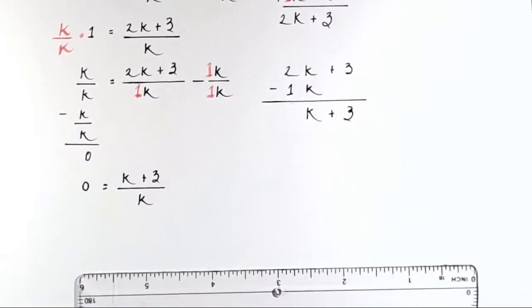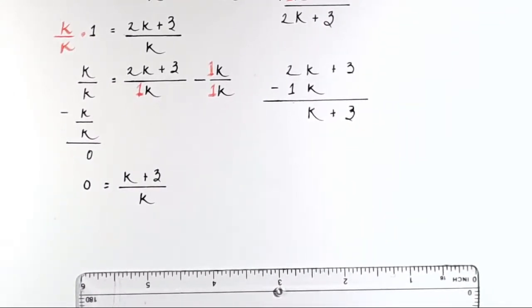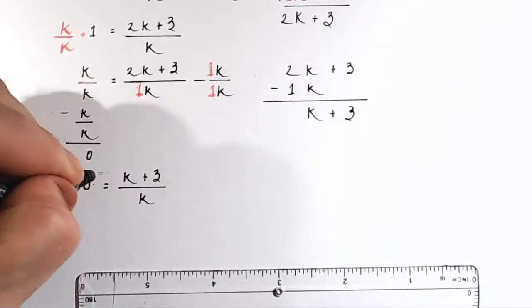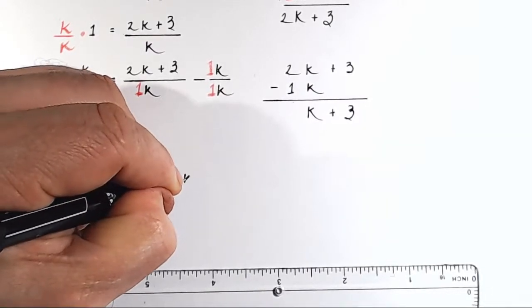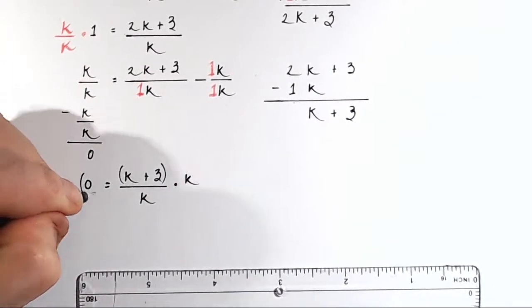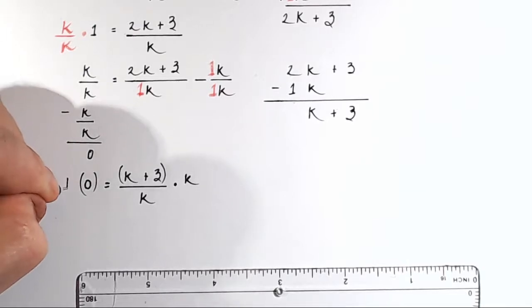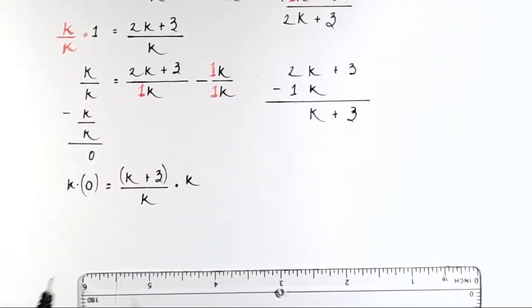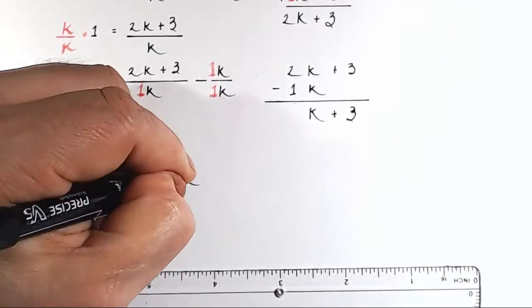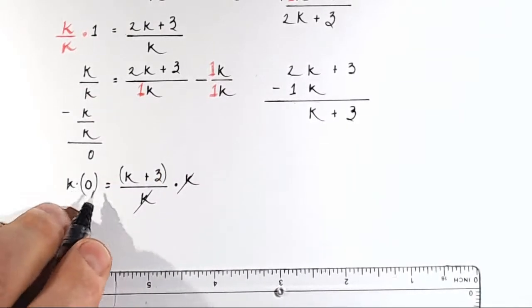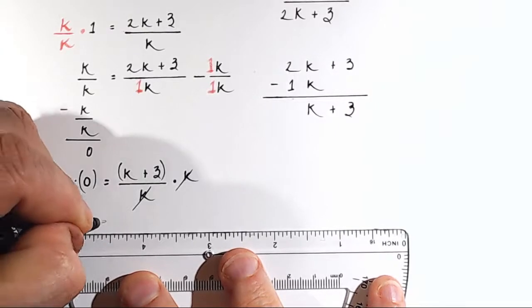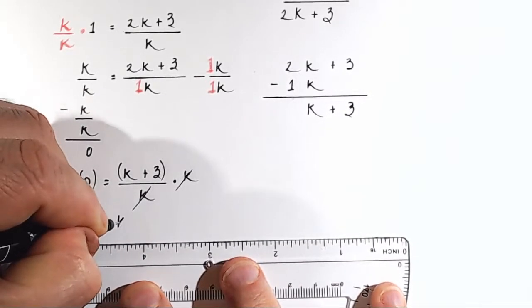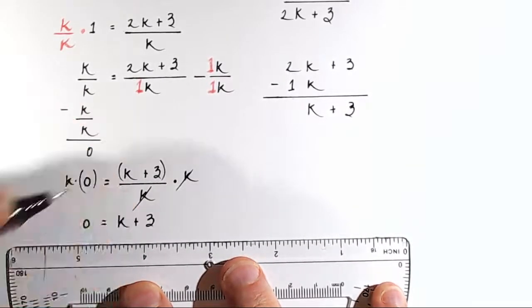And the question remains, what do we do next? What we do next is we'll multiply out this k. So I'm going to multiply out the k on both sides. Well, on the right side, the k's cancel, and on the left side, k times 0 is still 0. So I now have 0 equals k plus 3.